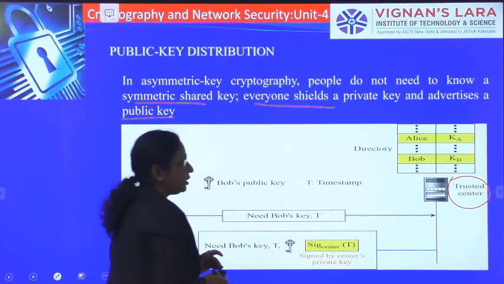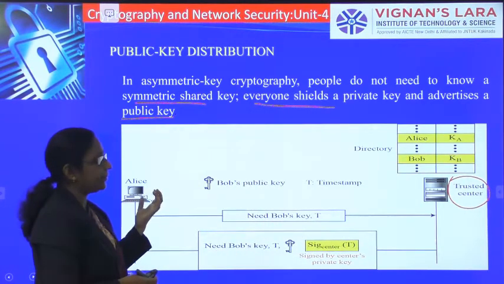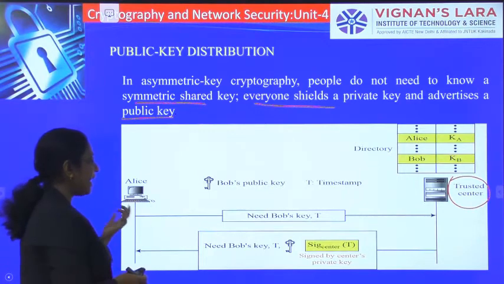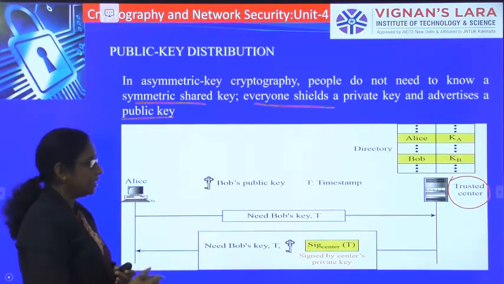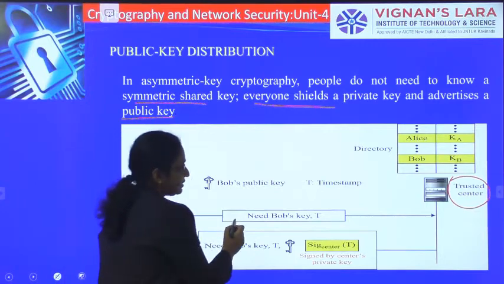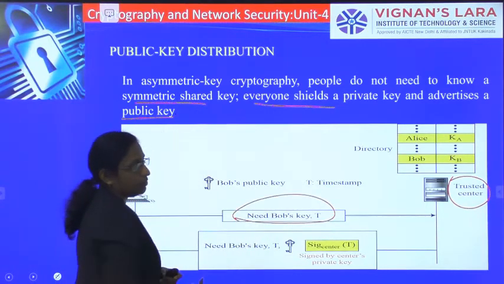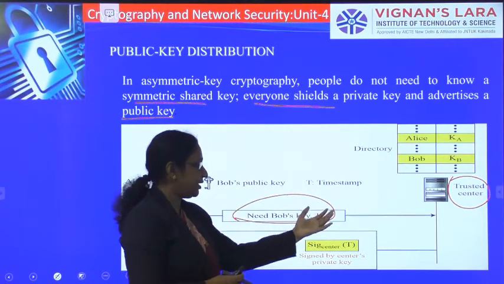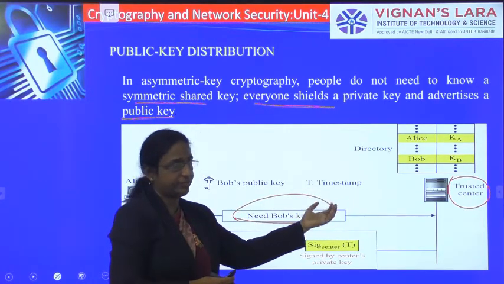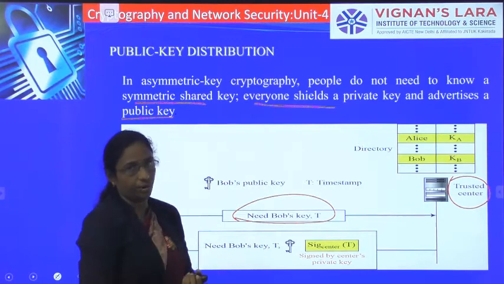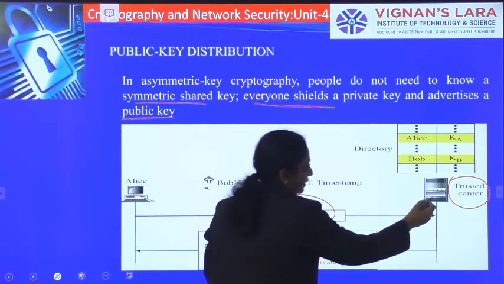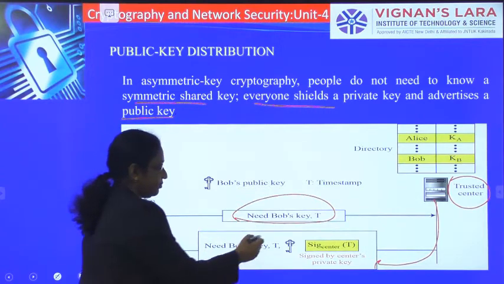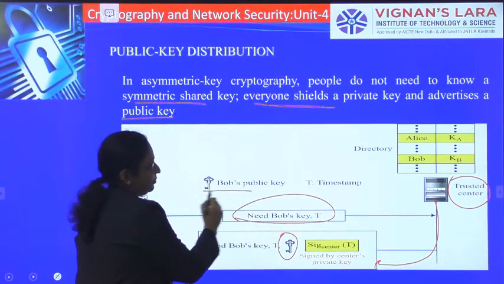For example, if Alice wants the public key of Bob, Alice requests the trusted center to send the public key of Bob. The trusted center then sends the public key of Bob.